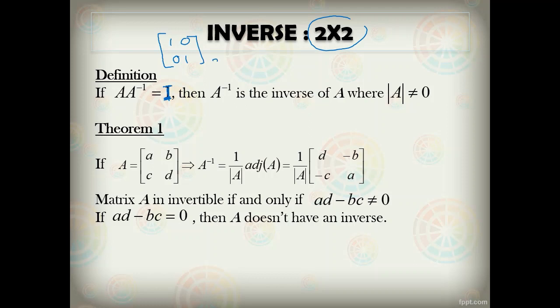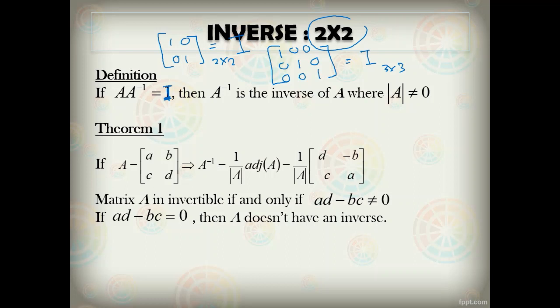This is the 2 by 2 identity. If it is 3 by 3, it will become this. This is the identity for a 3 by 3 matrix. This is for a 1 by 1 matrix. So if you multiply A with its inverse, you will get the identity matrix.